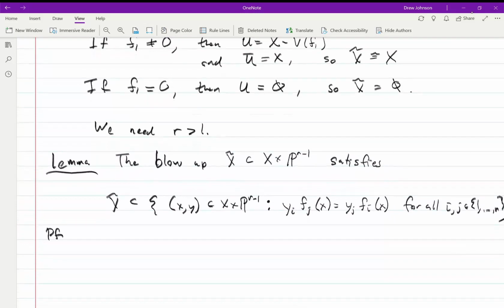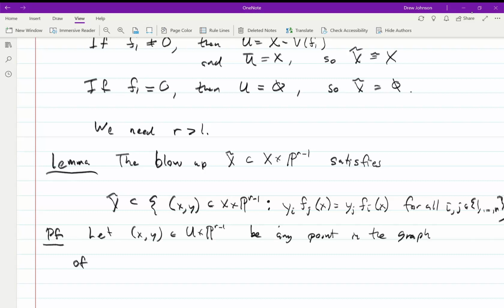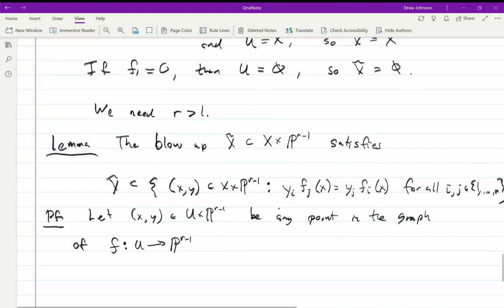What's the proof here? Let (x, y) in u cross P^(r-1) be any point in the graph of f from u to P^(r-1). As we defined before, remember, this f is just the function defined by all the f_i's.